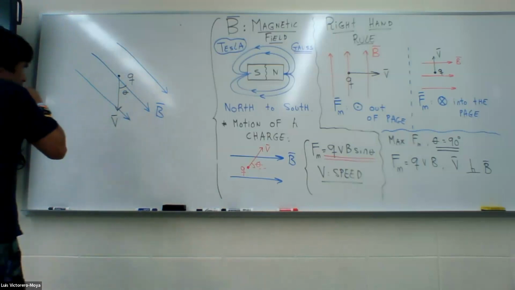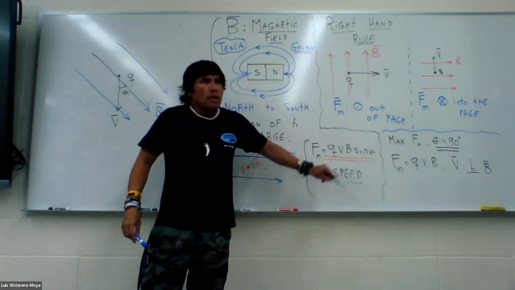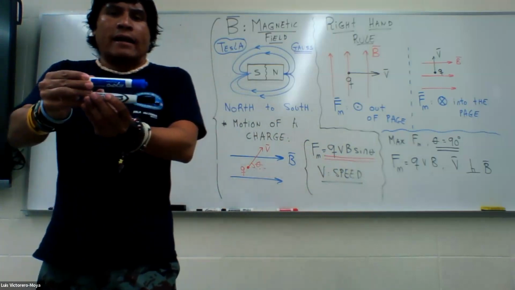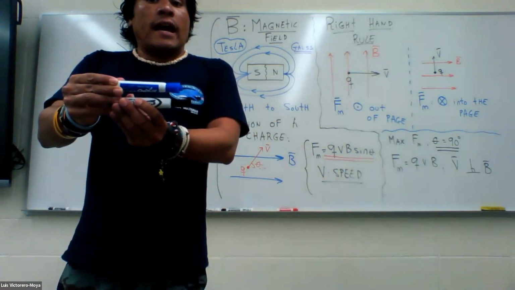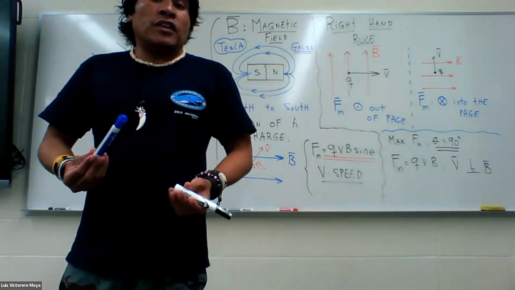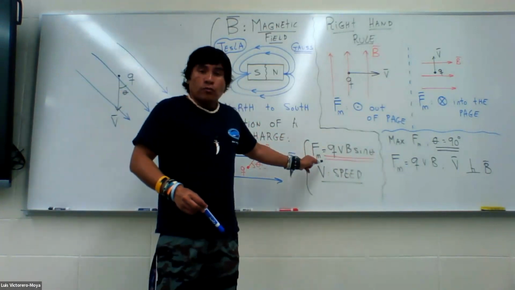Well, looking at the equation, if the magnetic field and the velocity are parallel, the angle is 0 degrees. So the sine of 0 is 0. That means that there is no force.